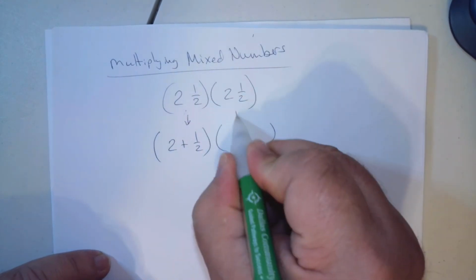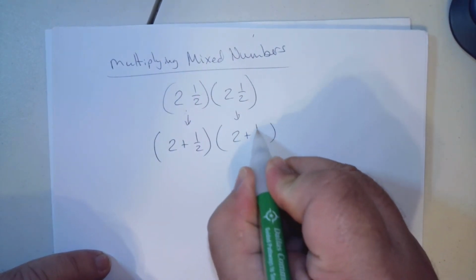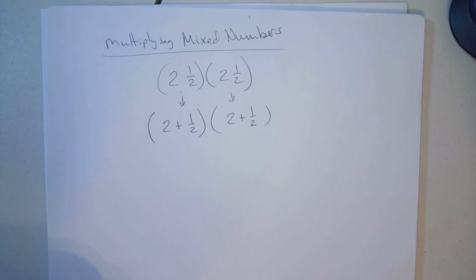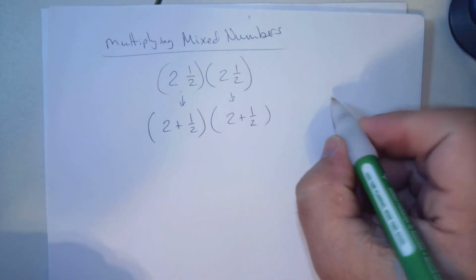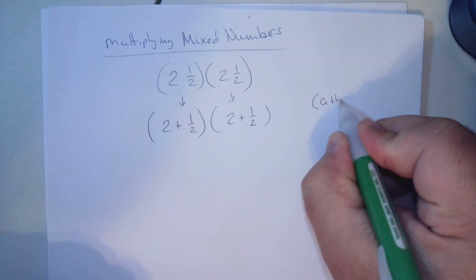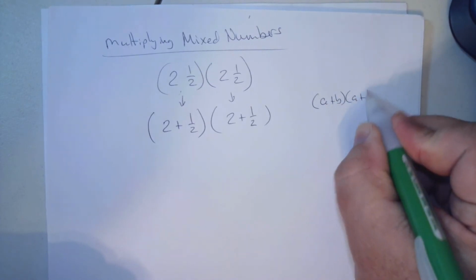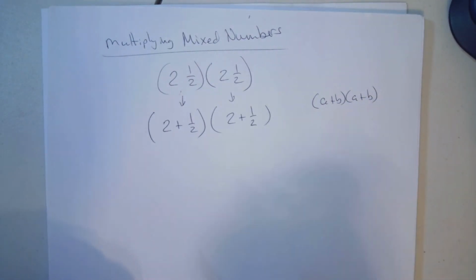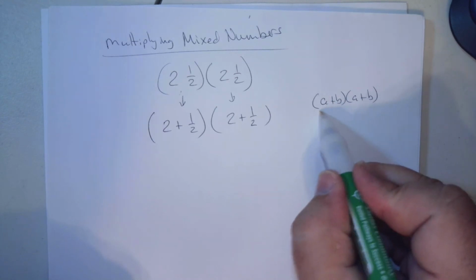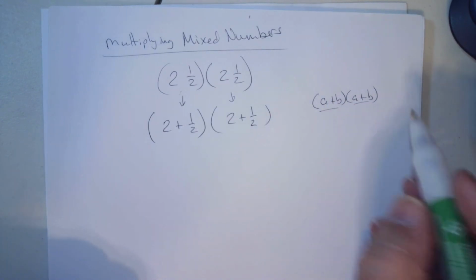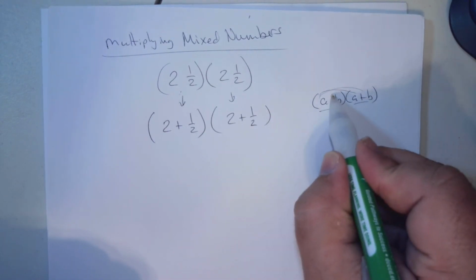Then the second one, 2 plus 1/2. The same thing. We have 2 terms inside parentheses, so we FOIL.